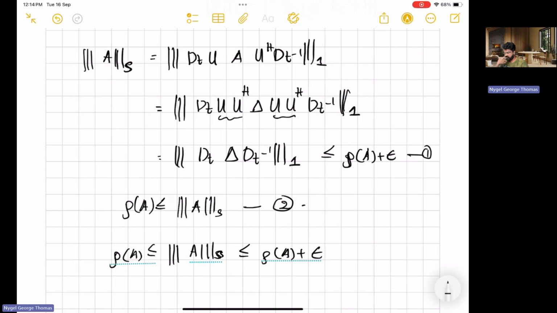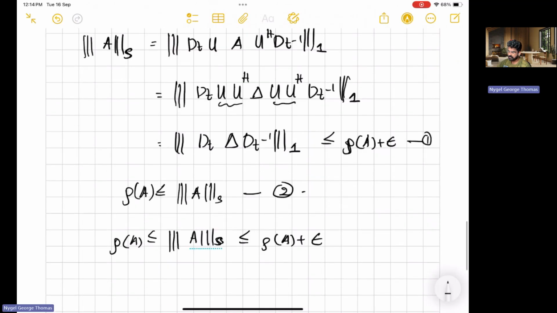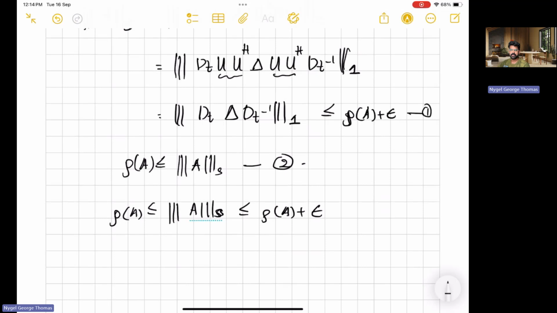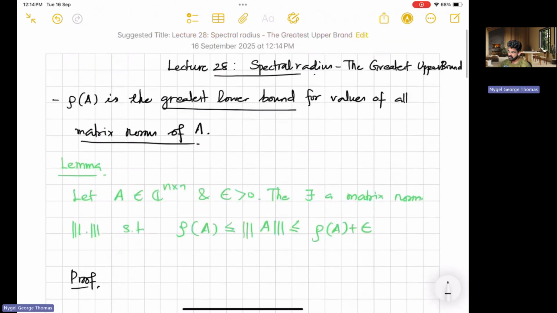I think we can try to prove this using the equivalence of norms. If you are able to prove it using one norm, then it should be valid for other norms as well. Okay. So this is how we can prove that the spectral radius is the lower bound, but in fact it's the greatest lower bound of any matrix norm. Okay. Let's end this discussion then.